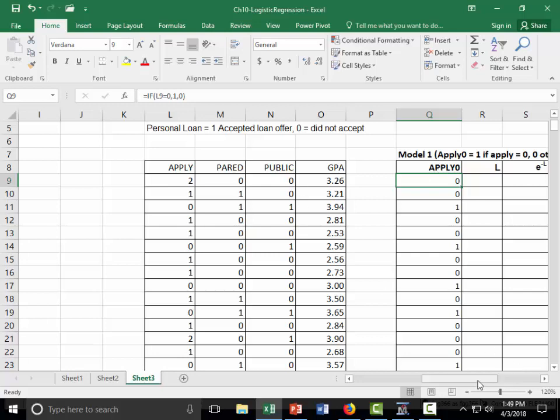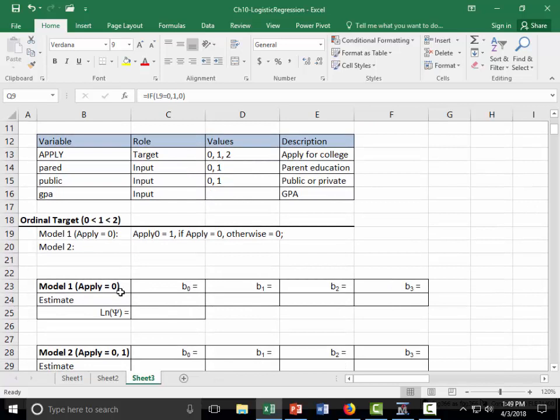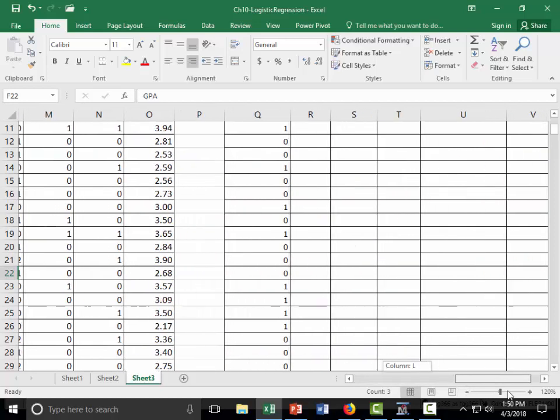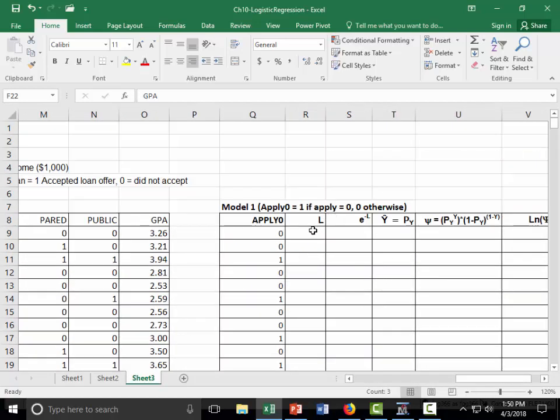Okay. So here we have 3 predictors, right? So this will be PARED, this is for public, and GPA. All right. So we have the intercept here. So we need to set up the logistic model.